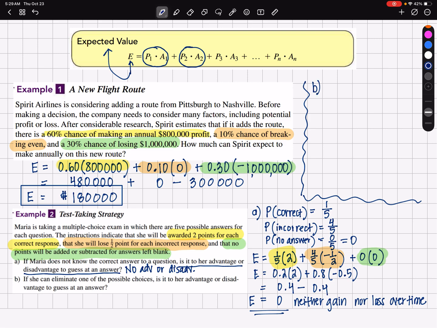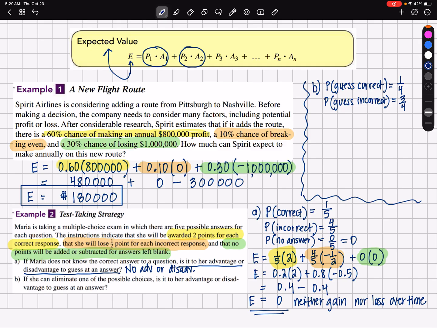So if she can eliminate one of the possible choices, how does that change her guess of correct? So her guess of 1 out of 5 is going to be 1 out of 4. And guessing incorrectly, she rules out one of the answers. The remaining incorrect answers would be 3 out of the 4 remaining.